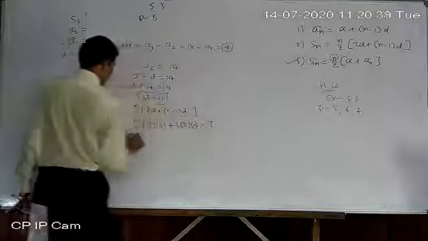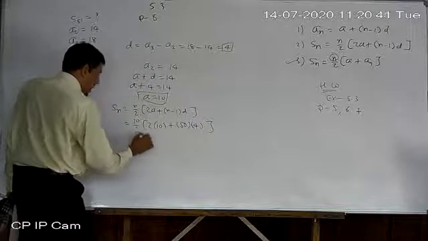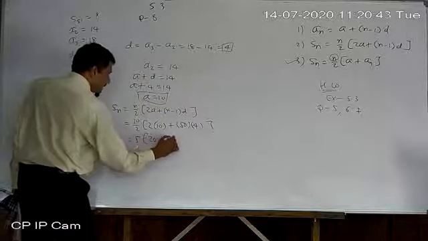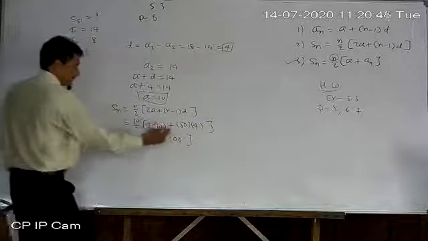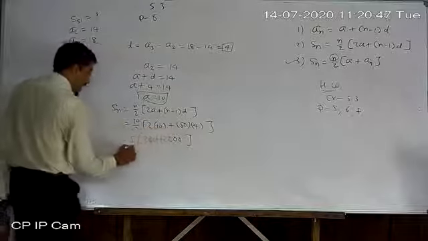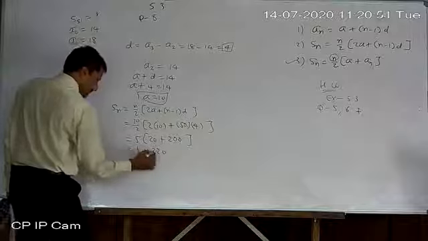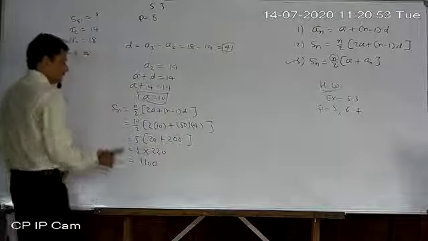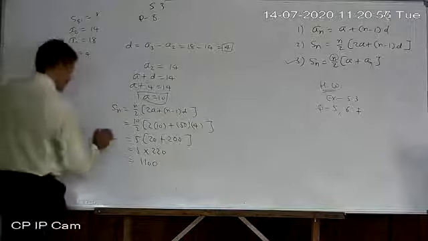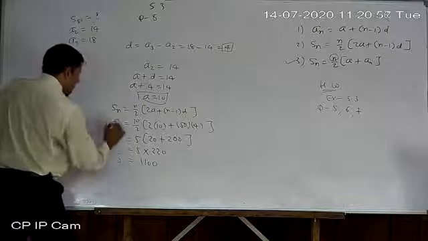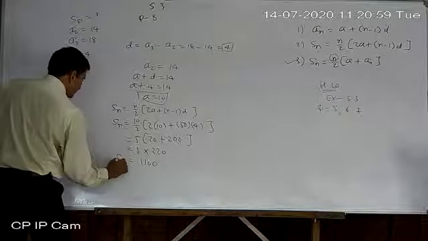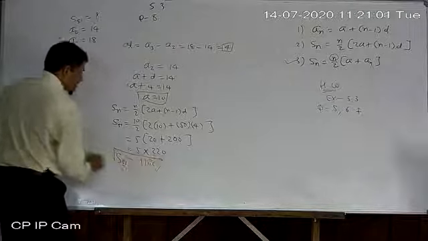Just simplify it. So 51 by 2, 2 into 20, 200, plus 200 is 1100. So S51 is 1100. This is our final answer.